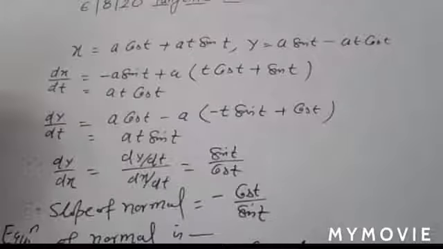Because here you have to find the equation of normal at the point t. The point is not mentioned here, so it should be understood.